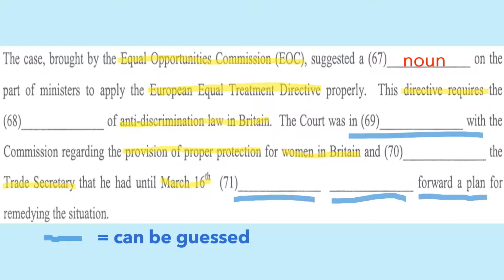Okay, so write down the tips. Suggested are, noun, requires the, noun, was in, after preposition is a noun. Then we've got the provision to, that's a noun, and that's why and another noun. Until March 16th, then it's a phrase you need to either know it or you don't.